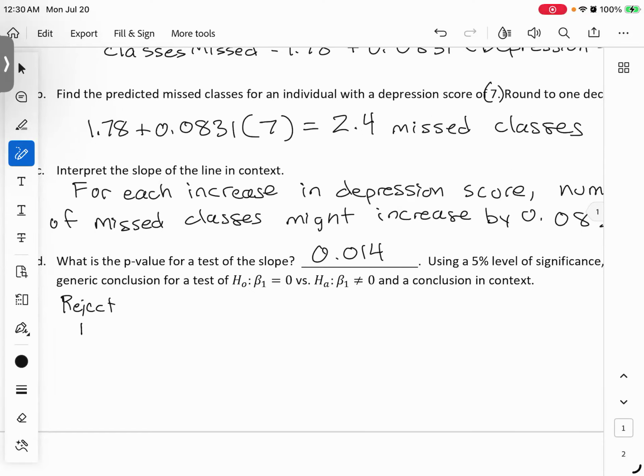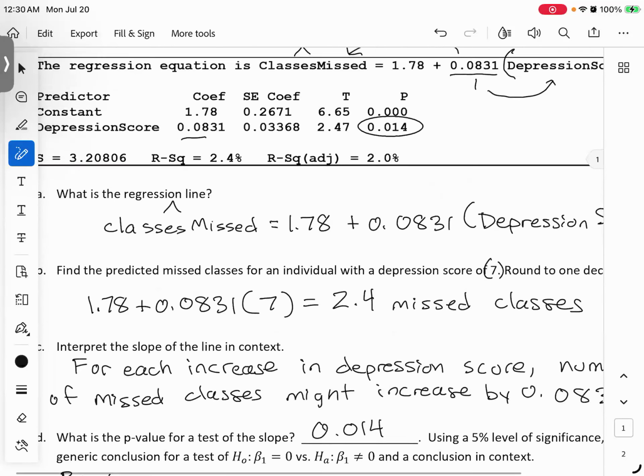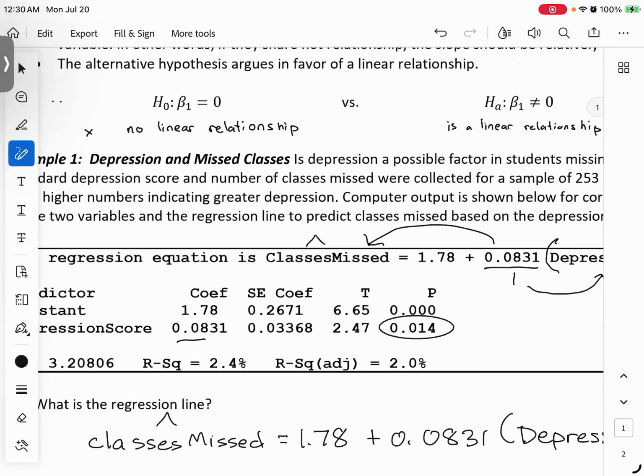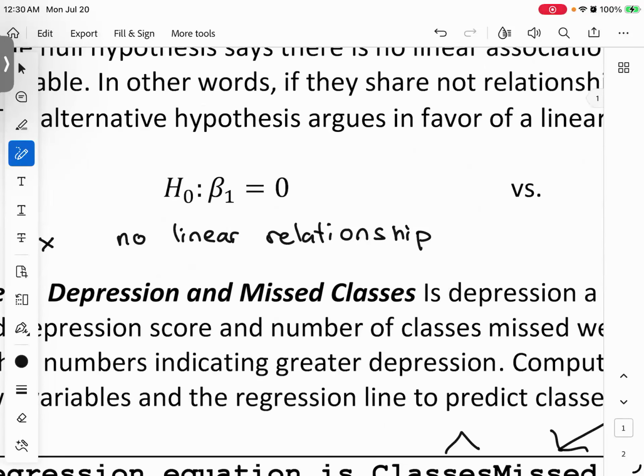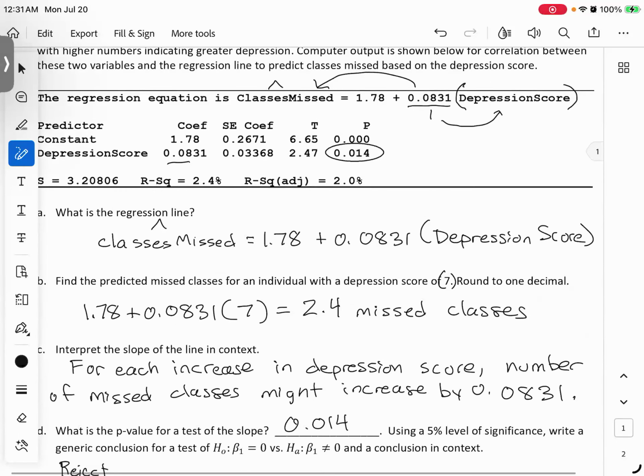We can reject the null hypothesis, which would be saying that depression scores and number of missed classes are not associated. Meaning, if somebody's depression score might go up and up and up, it's not going to have any impact on them ever missing class, which doesn't really make sense, right? Usually, that's something that we might anticipate happening.